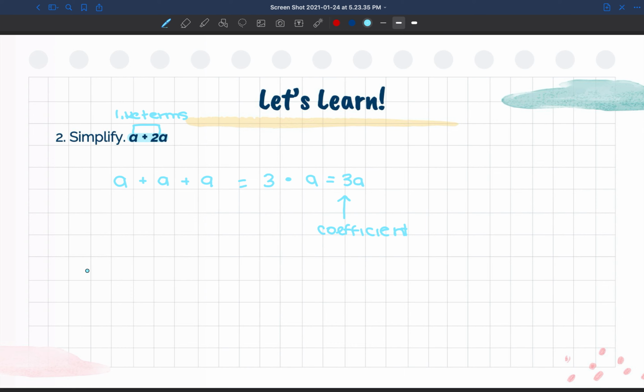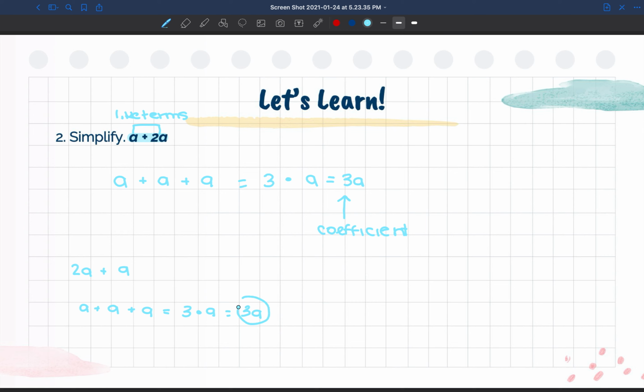If we had written this expression as 2A plus A, we would still have A plus A plus A, which would give us 3 times A, because there are 3 A's, which would be equivalent to 3A if we wanted to simplify it even more, because we want the simplest form.